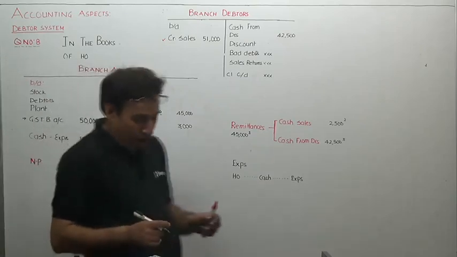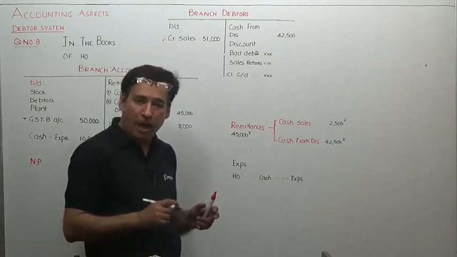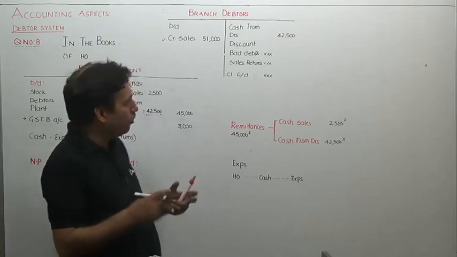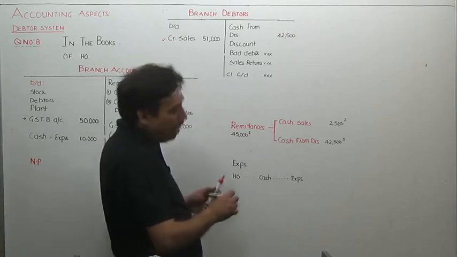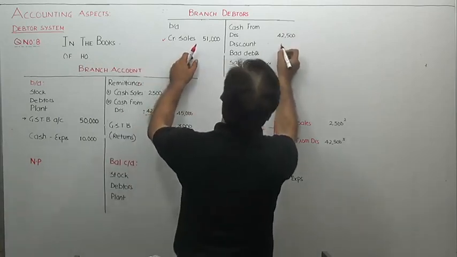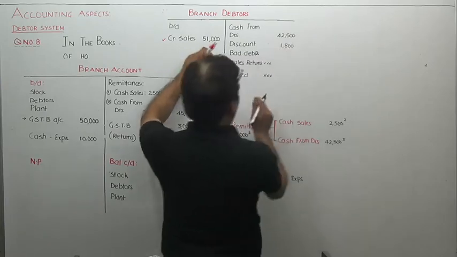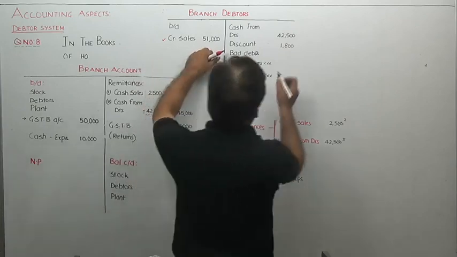10,000. Now it has been given to us discount allowed by branch. Discount allowed to customer, of course, by branch, is 1,800. So in this question, 1,800 is the discount, and this is a transaction which takes place between head office and branch office.